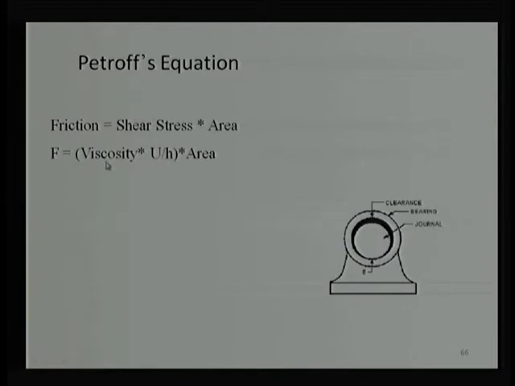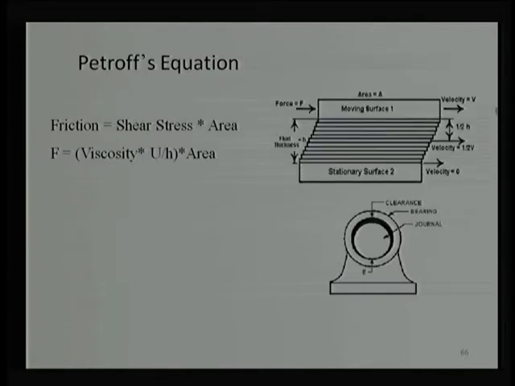Of course, it can be interchanged easily. You can see what the diagram indicates: the velocity is v, there is a gap, a film thickness, and the velocity here is 0, that means the relative velocity is v. This is what Petrov developed in this equation.